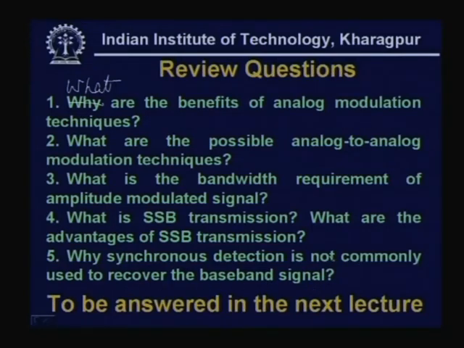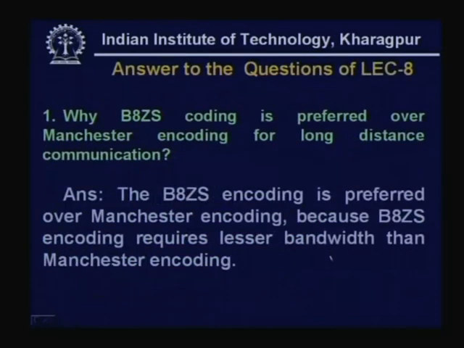Now it is time to give the answers of the previous lecture. First question was, why is B8ZS coding preferred over Manchester coding for long distance communication? As you know, B8ZS encoding is preferred over Manchester encoding because B8ZS encoding requires lesser bandwidth.